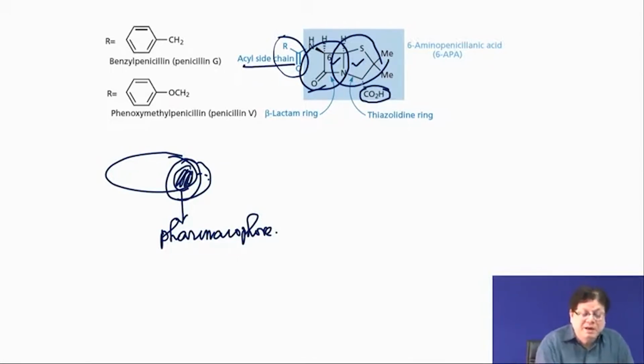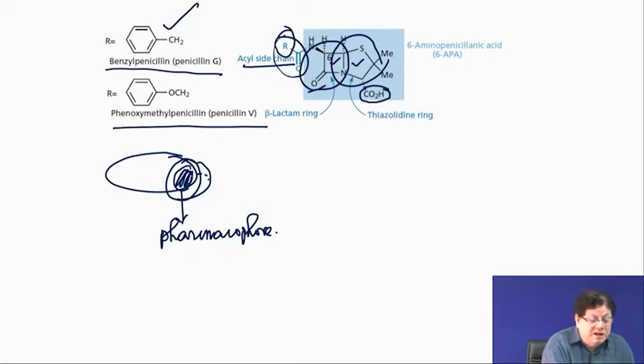Any penicillin, the variation that we see in different penicillins, you know the names: ampicillin, amoxicillin, cloxacillin, methicillin, whatever, the difference is only in this R group. So, you have different R groups and you get different types of penicillins. The initial penicillin that was made was benzyl penicillin, called penicillin G, and another one was penicillin V, phenoxymethyl penicillin.